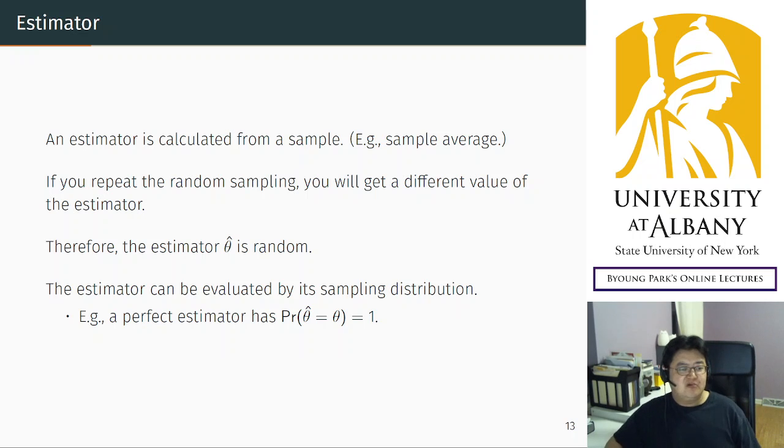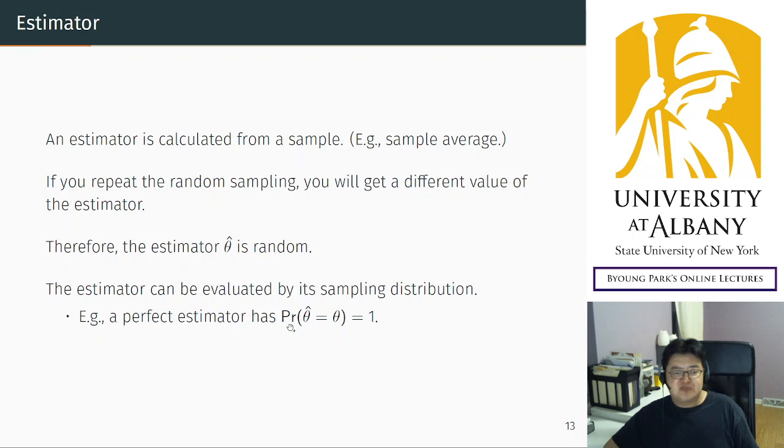For example, a simple example: a perfect estimator has this property. The estimator theta hat is random, and theta is the true parameter. If the estimator equals the true parameter with probability 1, so the probability that the estimator is correct about the parameter equals 100%, then this is the perfect estimator, right?